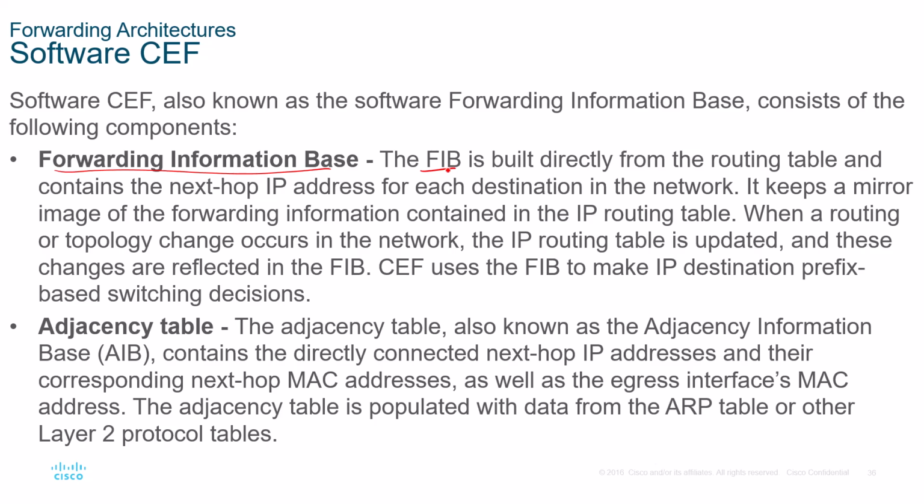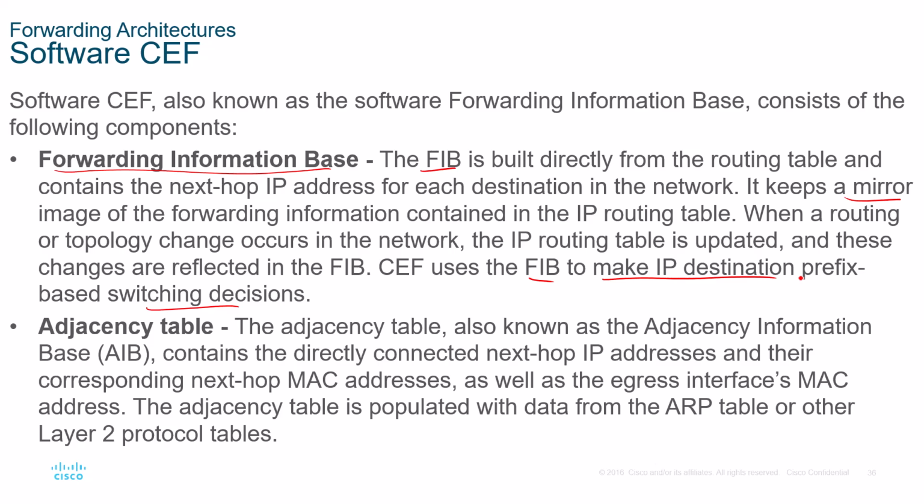When a route or topology changes, it also then updates the FIB. Again, mirroring what the route table has. The CEF will use the FIB to make decisions for switching. The FIB will hold IP destination prefixes based off of that switching decision. That way everything is kept up to date.